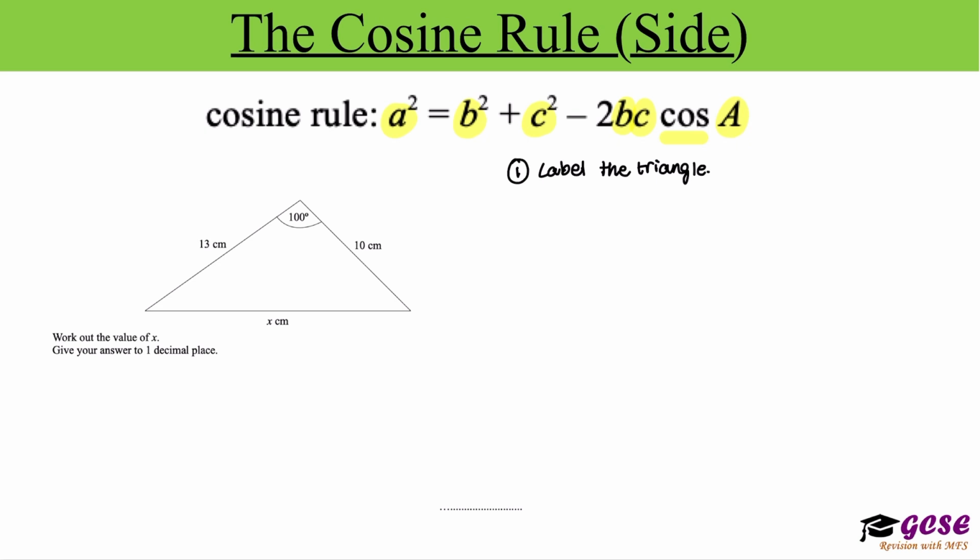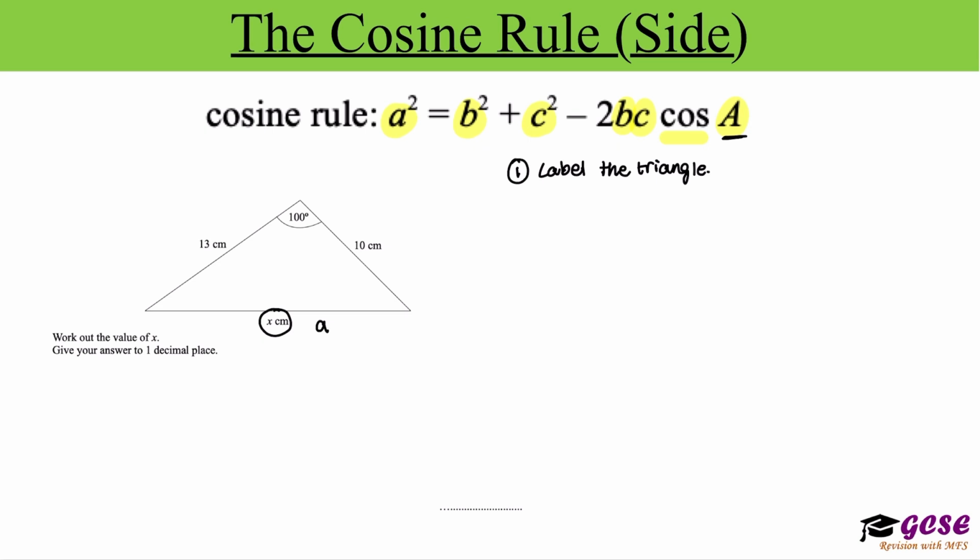The only additional point here is that the capital A has to be on the side that you don't know or the angle that you don't know. In this diagram, we don't know this side, so this has to be labeled as lowercase a.